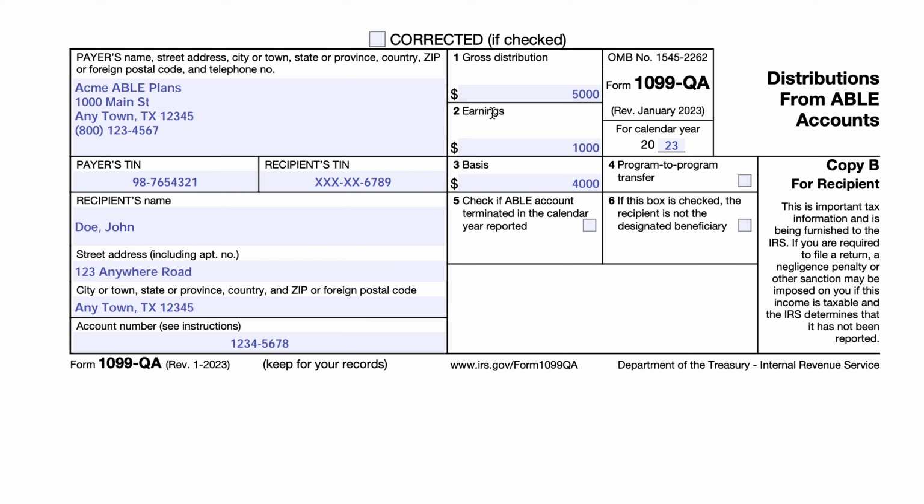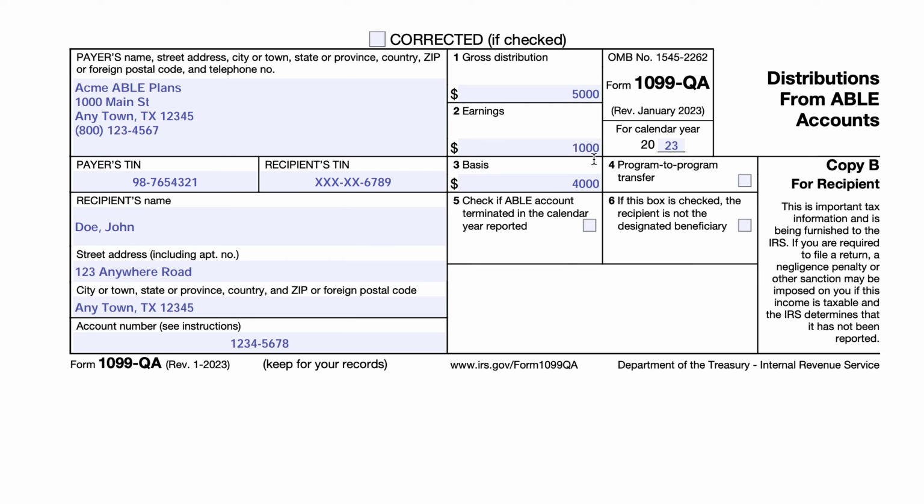So the earnings are basically what Acme Able Plans attributed to earnings growth, not the contribution portion, but earnings on top of the contribution. And then the basis would be the rest of the amount.